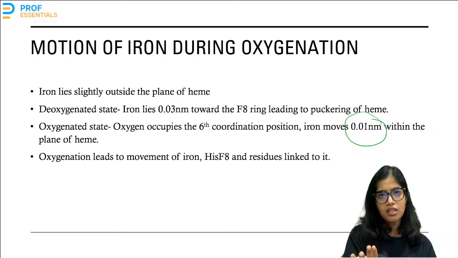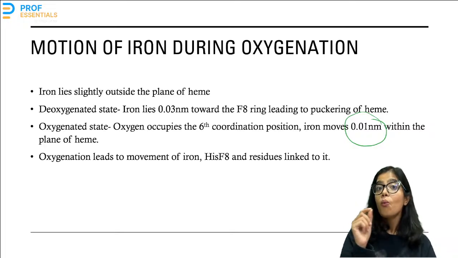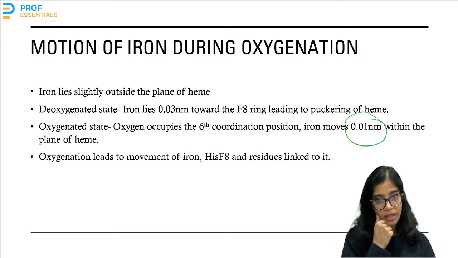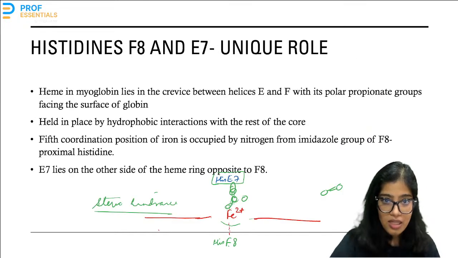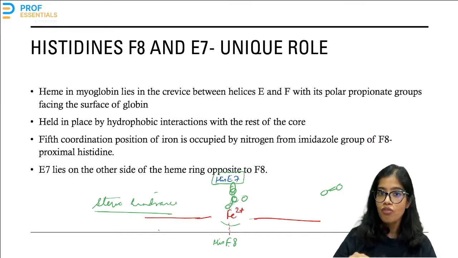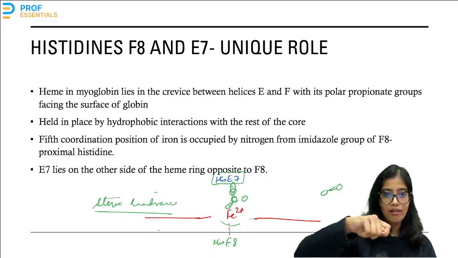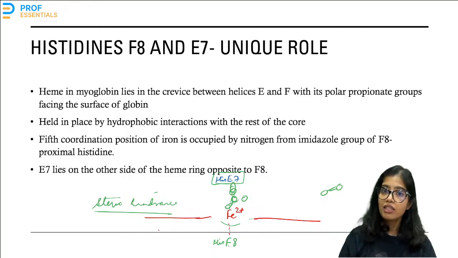It is very insignificant, but it is significant when you consider the physiology of hemoglobin. Because this oxygenation will move the iron, and the iron will in turn move histidine F8, and histidine F8 will move the other amino acid residues below in the chain.